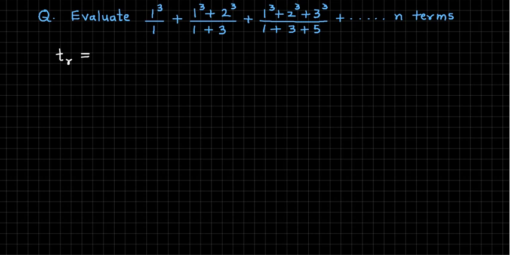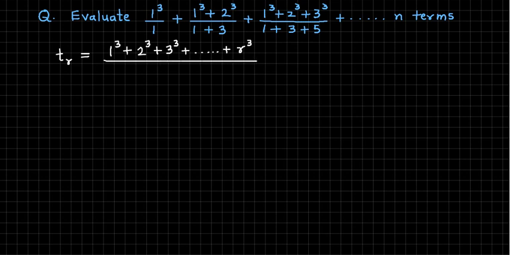If you observe the numerator, it is a sum of cubes of the first r natural numbers. So we can write this in general as 1 cube plus 2 cube plus 3 cube and so on up to r cube, because whatever the term number is, we have to go up to the cube of that.